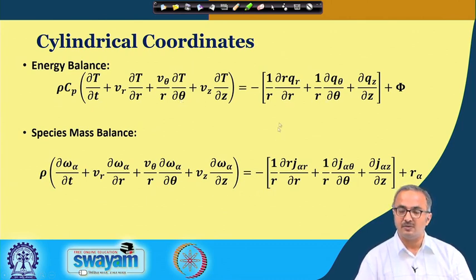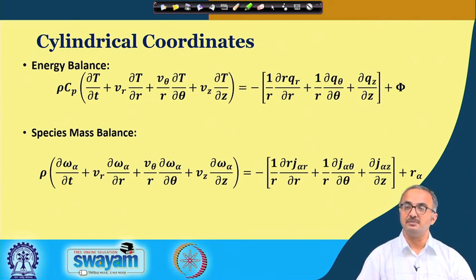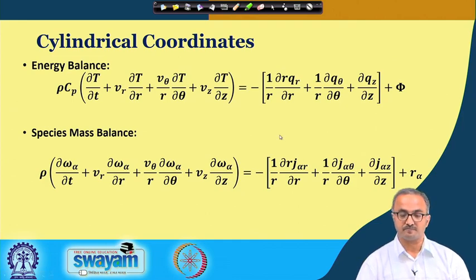Please mind that whatever I have shown you for the momentum balance, for the stresses, the right hand side, the conductive term and the diffusive term, will remain the same, similar laws will be applied. The only thing is that the coordinate system will be changing.